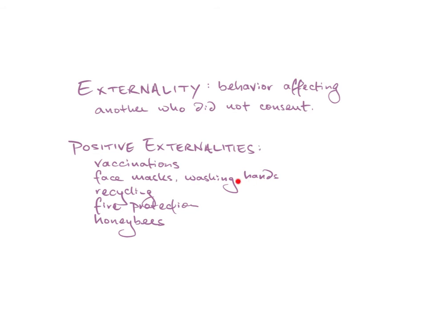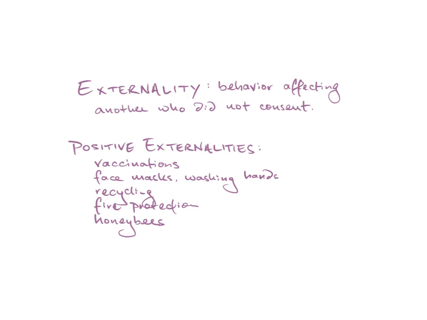Okay, washing hands. And again, externalities. Even back in the days before COVID, you didn't want to shake the hand of someone who might have had a dirty hand. So if that other person washed their hands after using the bathroom, that provided a benefit to you as well. That's always been the case. Washing hands protects other people as well as yourself.